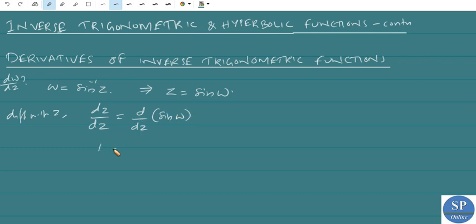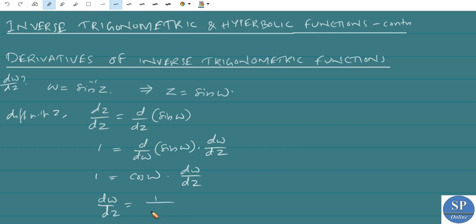That is, 1 is equal to d by dz of sine w, which by the chain rule we can write as d by dw of sine w into dw by dz. d by dw of sine w is nothing but cos w into dw by dz. So we need to find dw by dz, and we have dw by dz is equal to 1 by cos w.